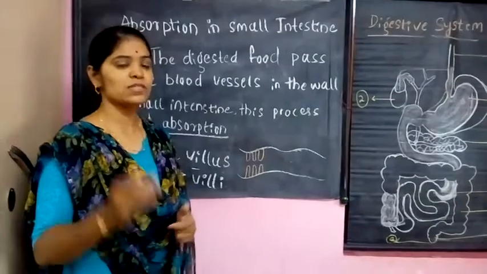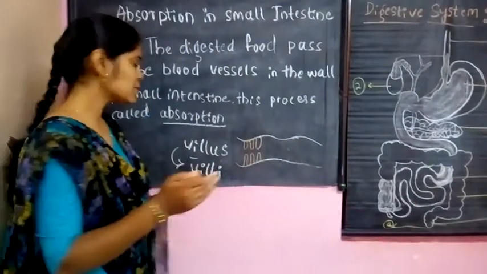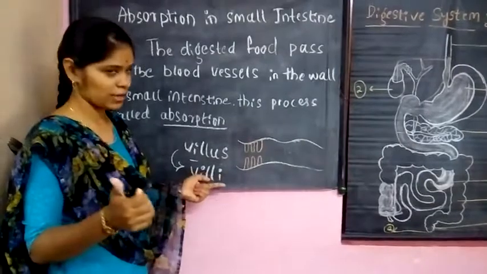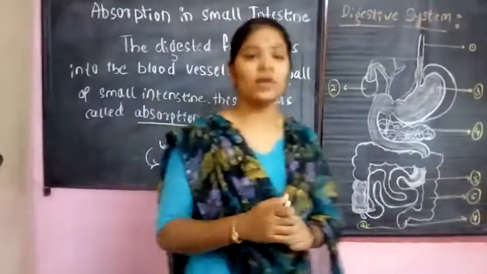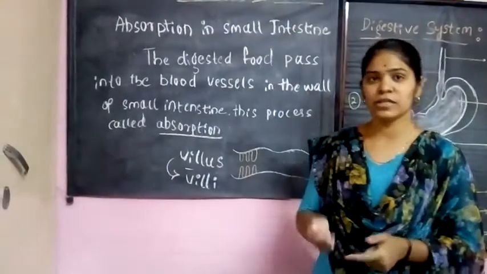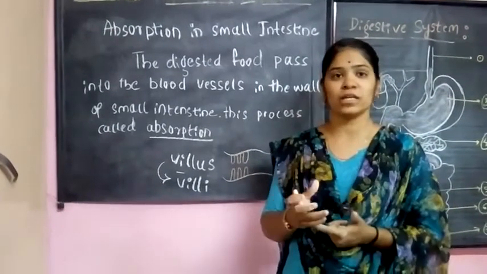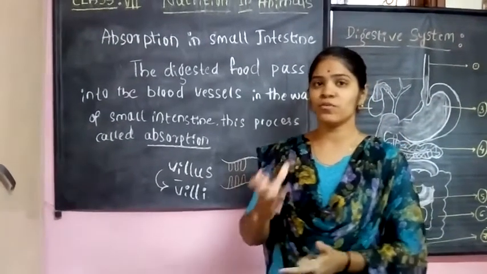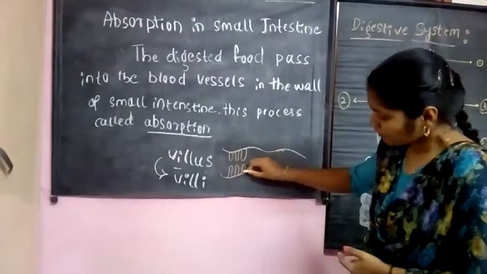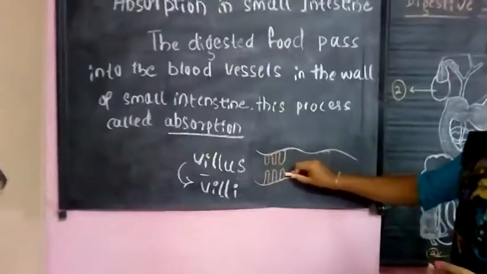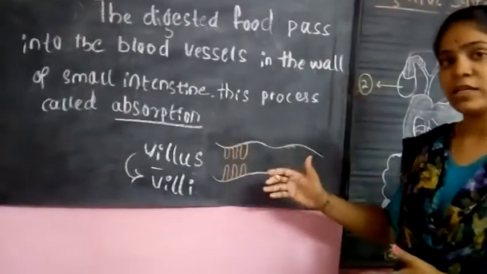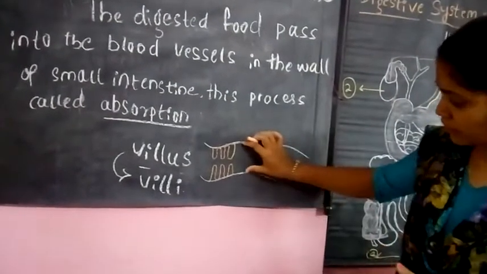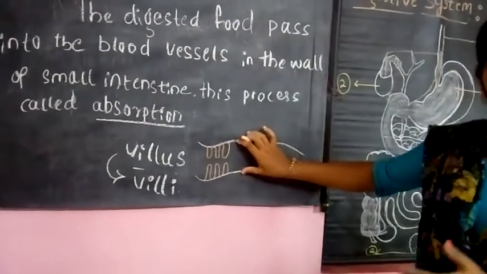So students, you can ask me the question, what is the function of the villi? The function of the villi is to increase the surface area for the absorption of the food materials. When the villi increase the surface area, it means they make this area wider.